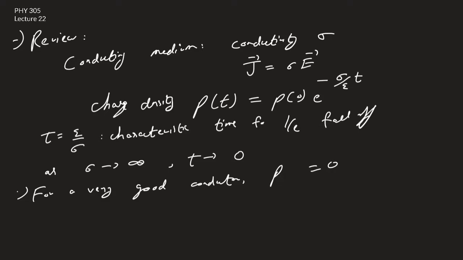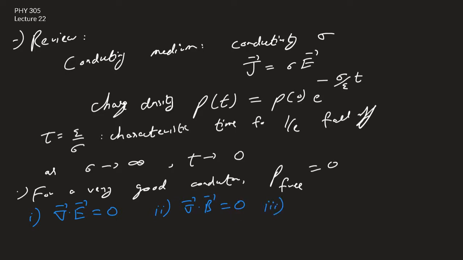Under this assumption, the Maxwell equations that we were working with were, firstly, del dot E equal to 0. Secondly, as always, del dot B equal to 0.